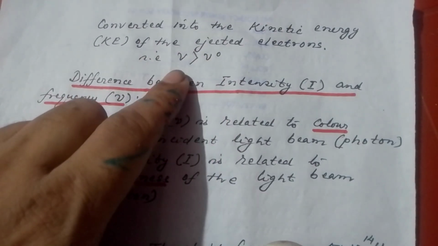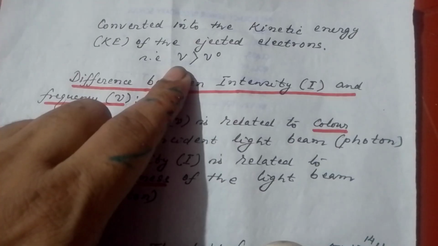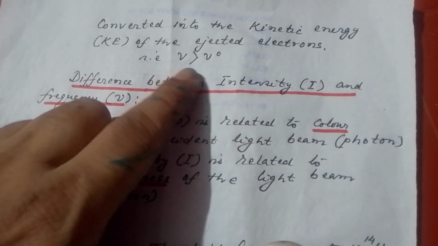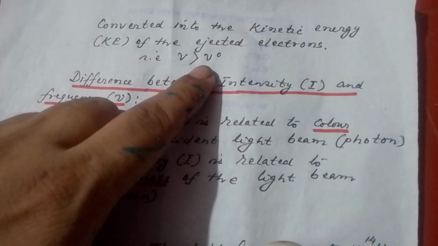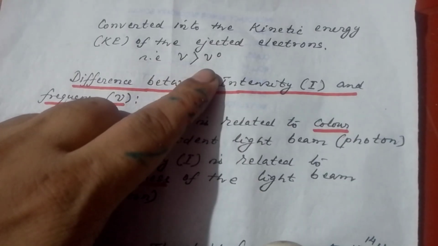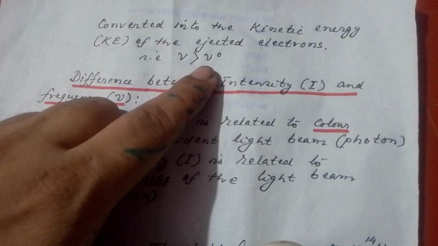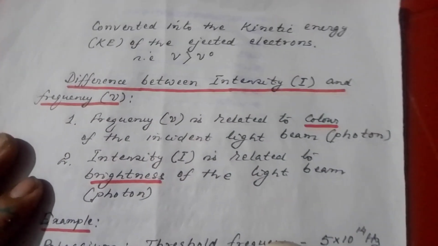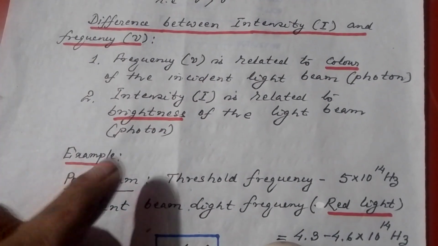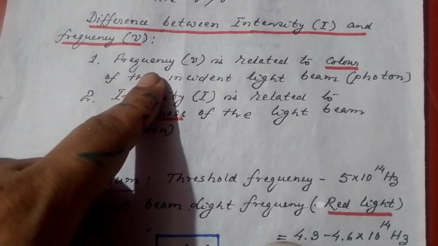Got? So always the frequency of the beam of light or the incident light has to be more than the threshold frequency for the electron to be ejected. If this is not met, then the electron from the metal surface will not be ejected. Finish.